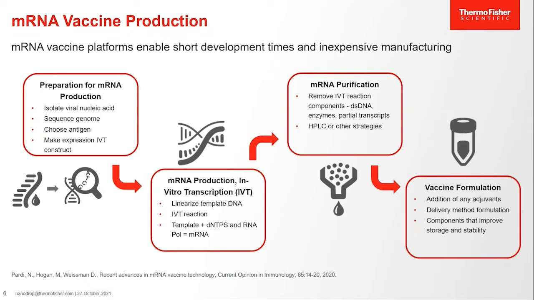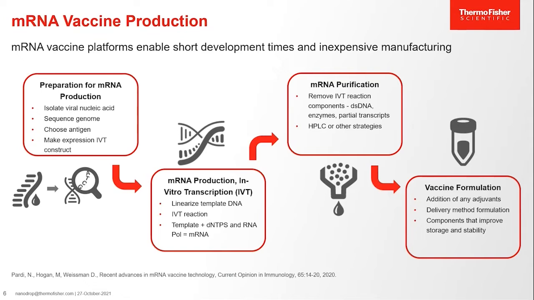As I mentioned already, we're going to go through a high-level process here, and we've identified four different areas. In preparation for mRNA production, we first start out by isolating the viral nucleic acid from the host, sequencing the genome, choosing the antigen that we want to express, and then finally making the expression IVT construct.